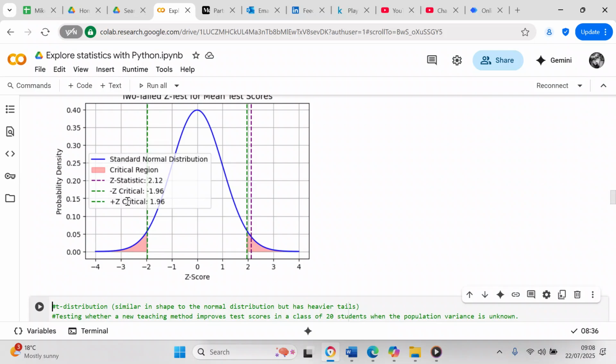The z-statistic is 2.12, which means it falls within the critical region, so the null hypothesis cannot be accepted. So that concludes this video. In the next video, we're going to be talking about the t-distribution, so I hope you decide to watch it.